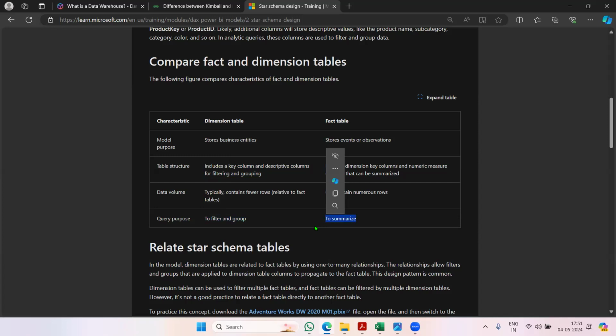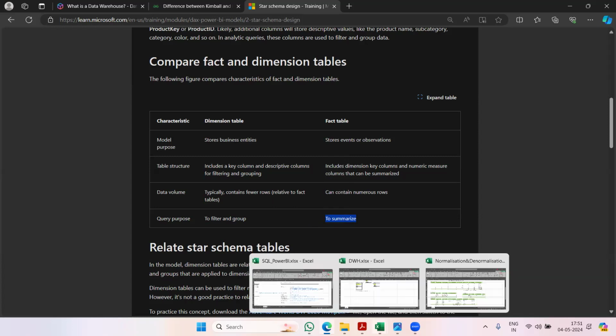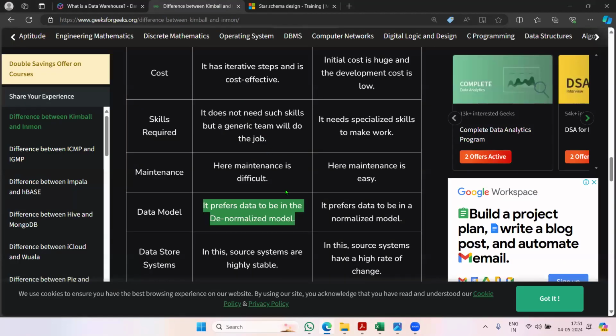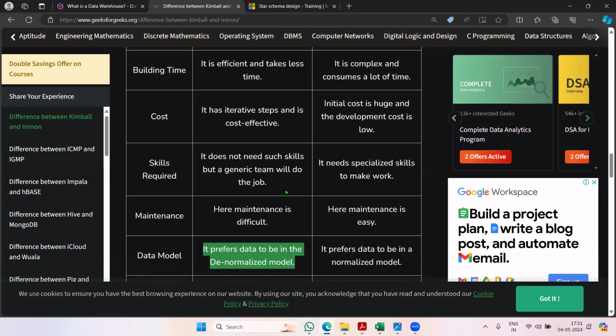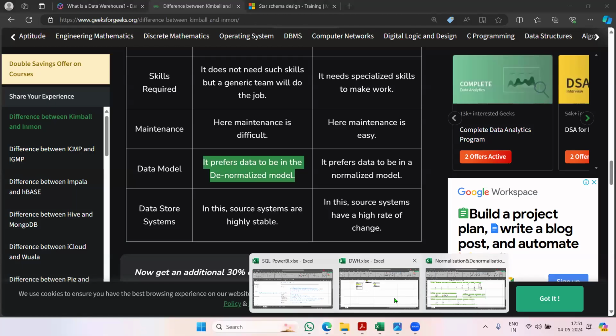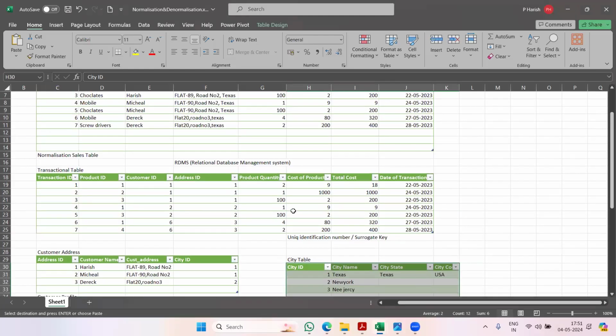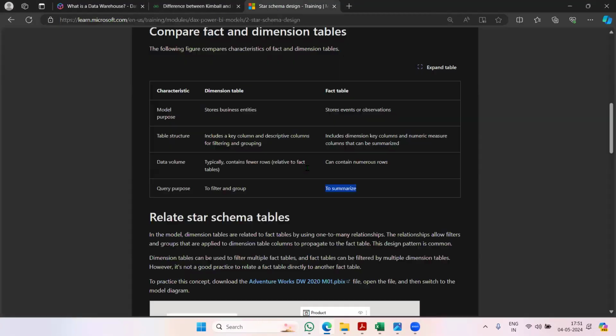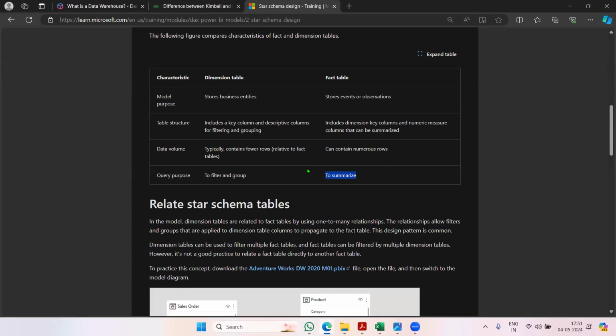So is it clear what it means by normalization? We have seen a journey. From Ralph Kimball and Inmon, we figured out normalization and denormalization. I explained what normalization and denormalization mean. From this, we again learned another topic called star and snowflake schema.